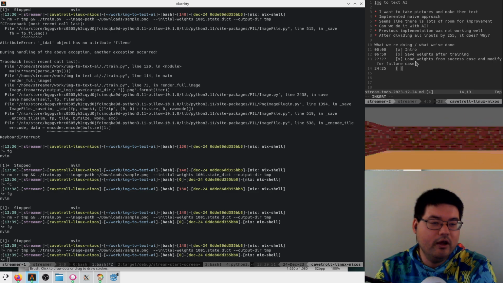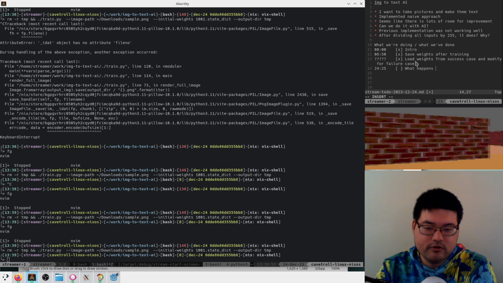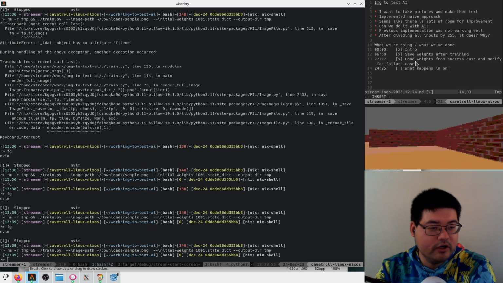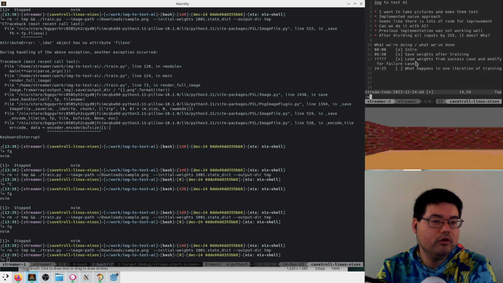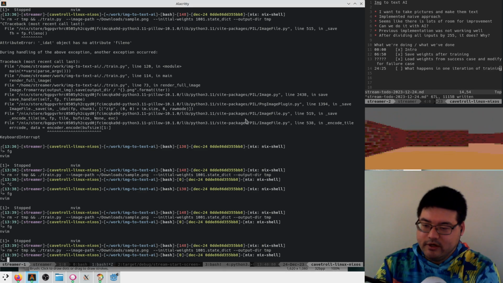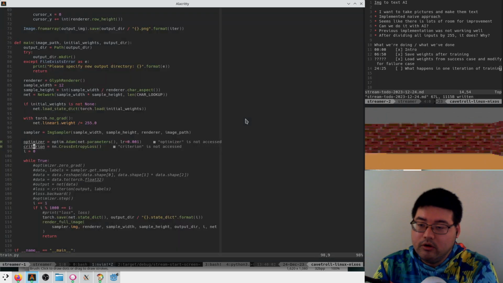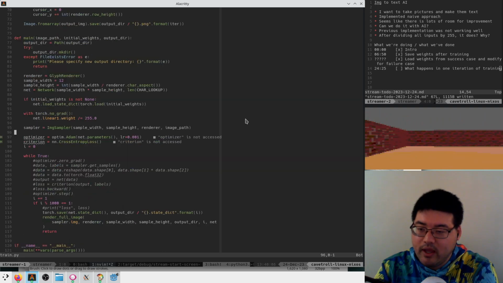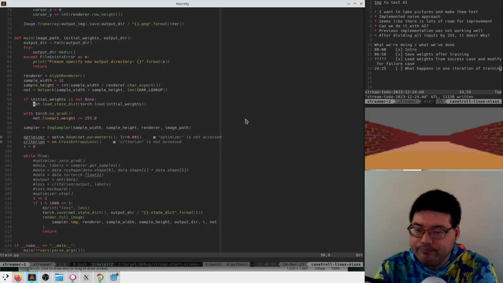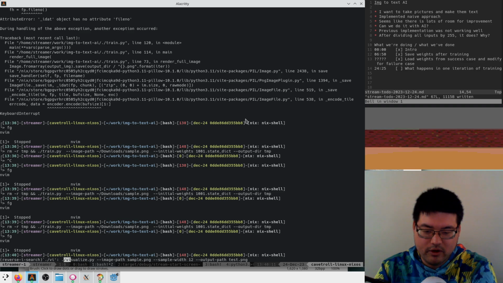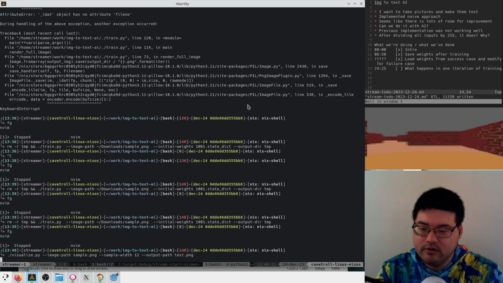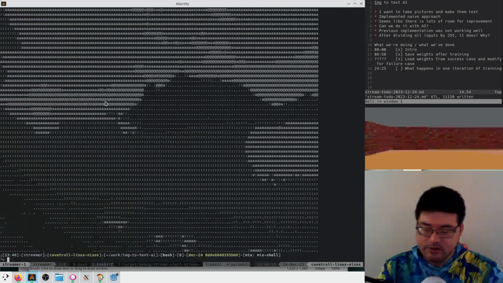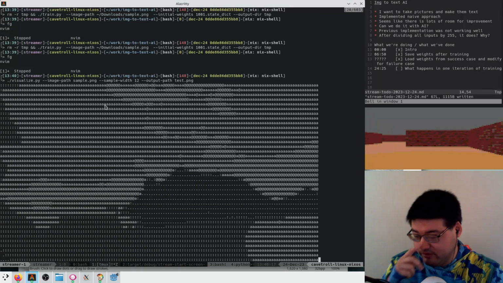So here we can say, what happens in one iteration of training? Let's double check that our labels are okay. Let's quickly run our visualization again. Yeah, so those labels that are getting generated seem totally fine. This is exactly what we want.